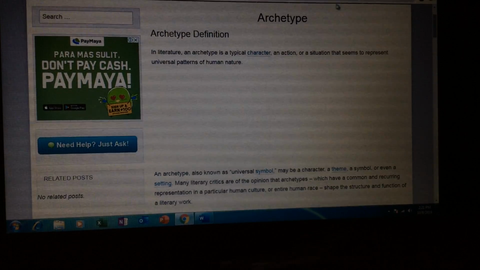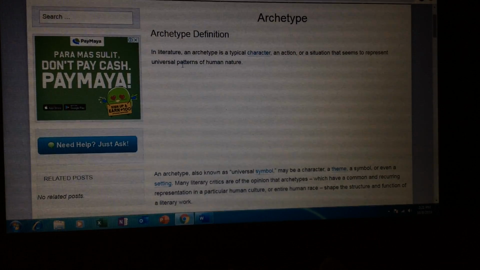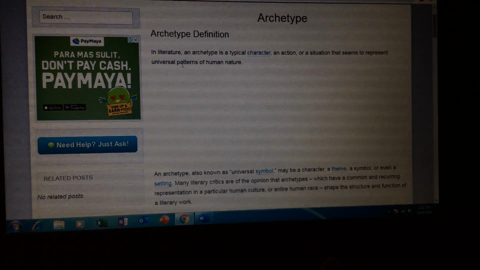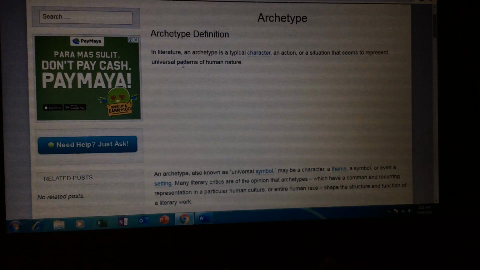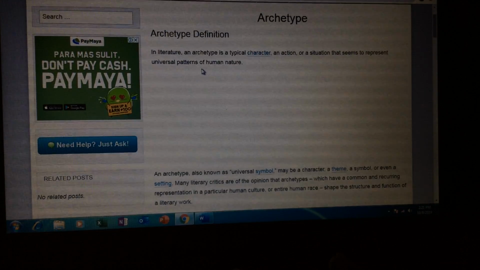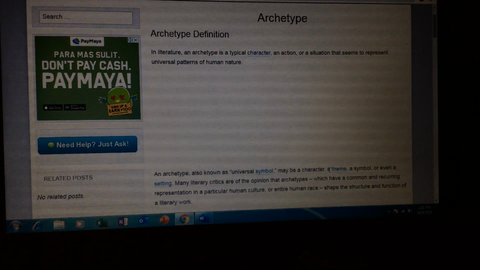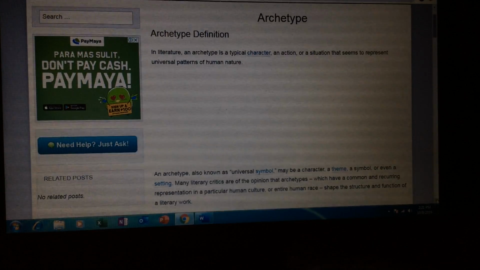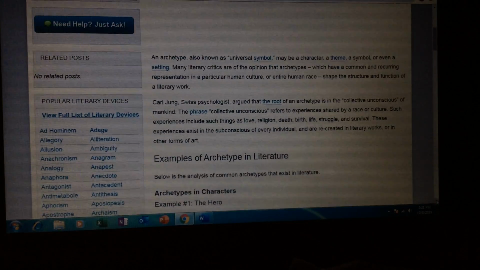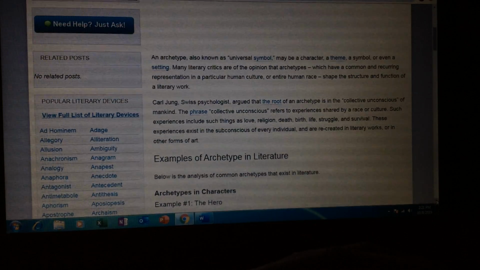So, archetype is in literature. An archetype is a typical character, an action, or situation that seems to represent universal patterns of human nature. So, an archetype, also known as universal symbol, may be a character, a theme, a symbol, or even a setting.